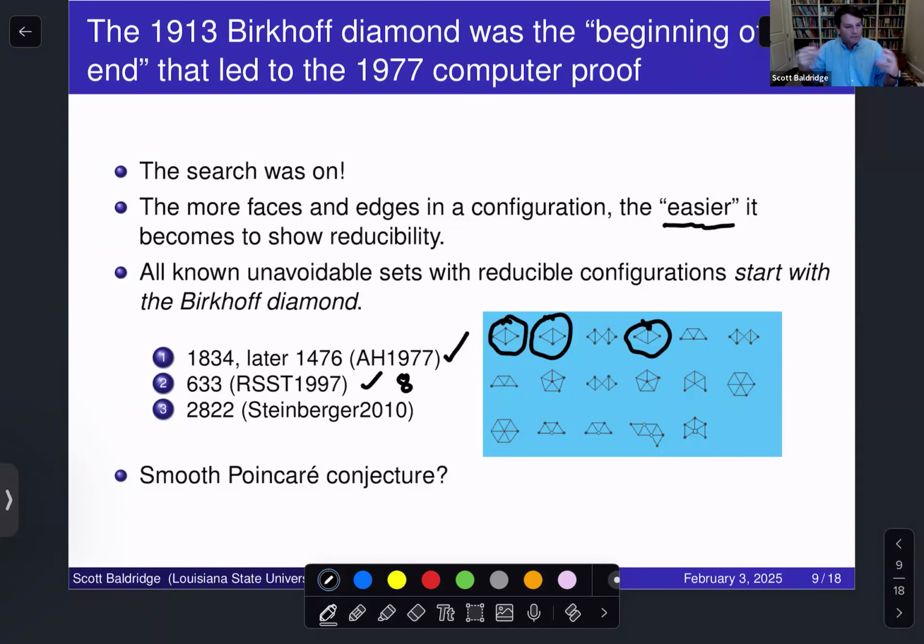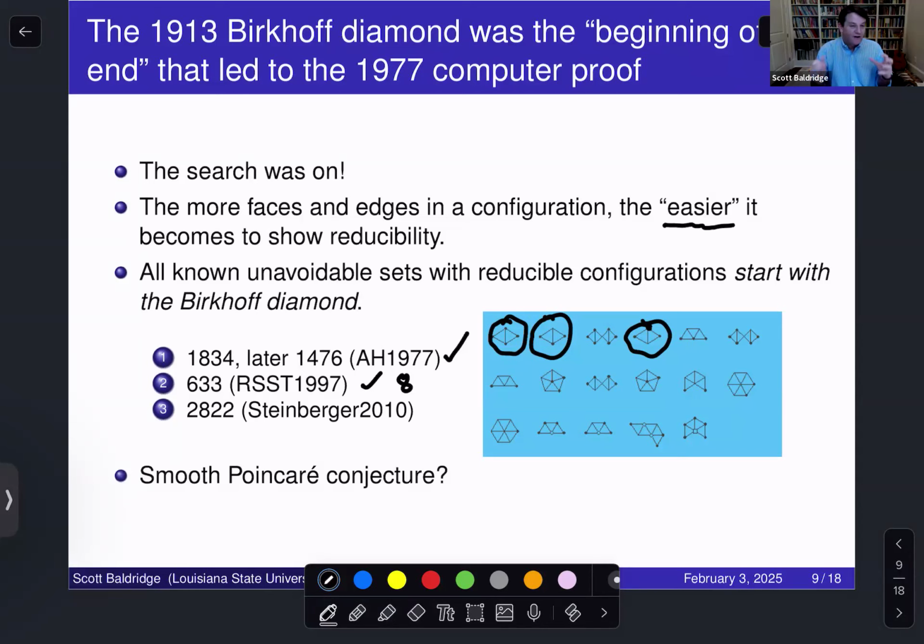And that for each one of these unavoidable configurations, you could show that there was a trick you could do with the configuration that then made that homotopy four-sphere standard. And then the search would be on, much like in 1913, to find what is that representation, how do we represent it, and then what is that list of unavoidables, and can you do something with the unavoidable configuration to turn the manifold into a standard one?